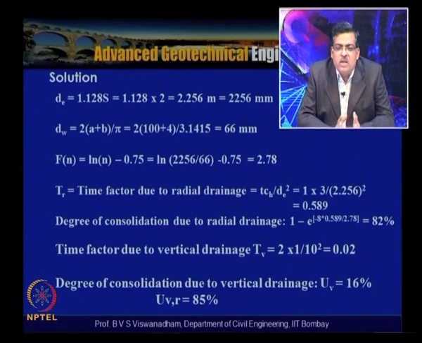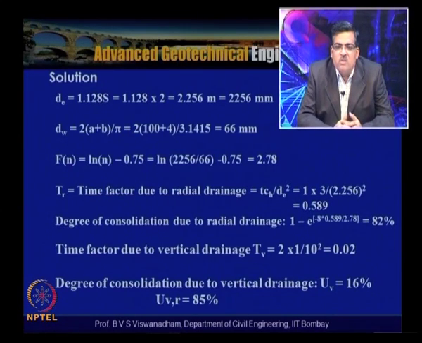Now calculate the time factor due to radial drainage, which is T CH by DE square, where T we want in 1 year's time, and CH, the coefficient of consolidation in the horizontal direction, is 3, divided by 2.256 square. 2.256 is the effective diameter of the unit cell, and we get 0.589.